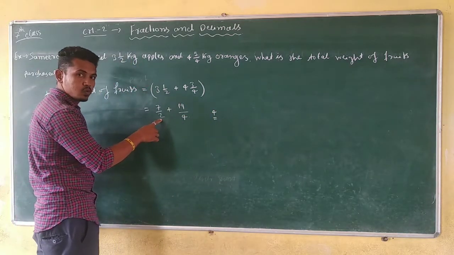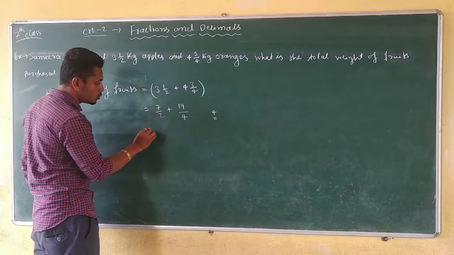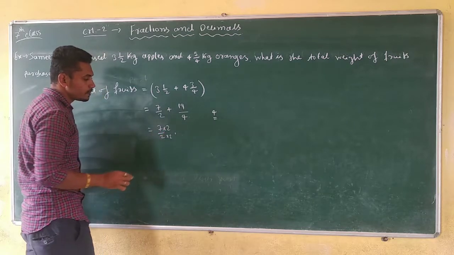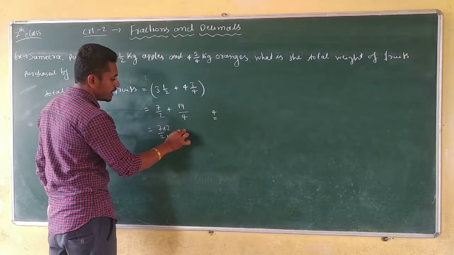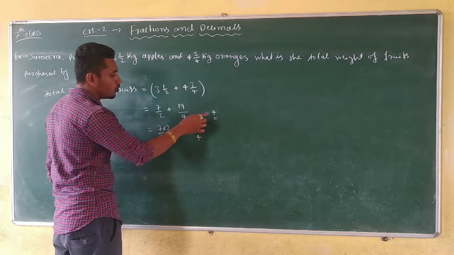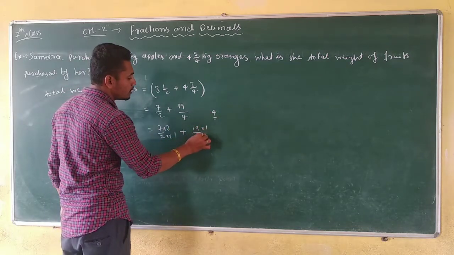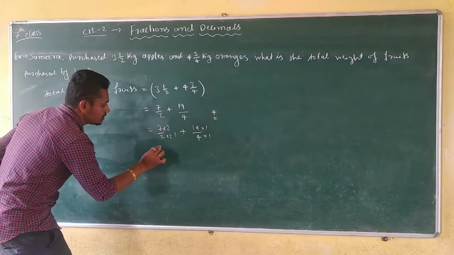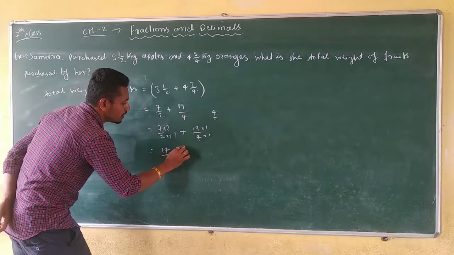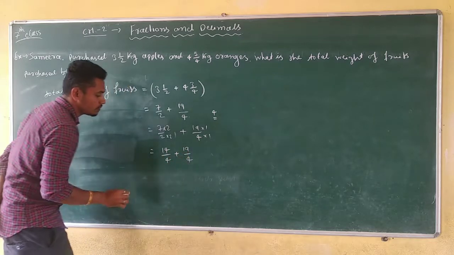Then 2 2s are 4, so 7 divided by 2 into 2. Plus 19 divided by 4: 4 1s are 4, so into 1. Next, 14 divided by 4 plus 19 divided by 4.